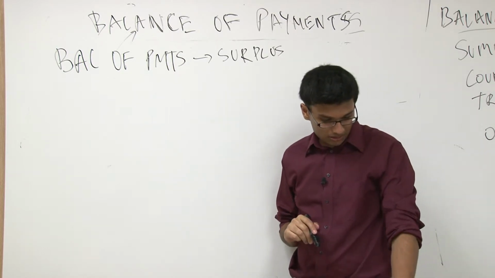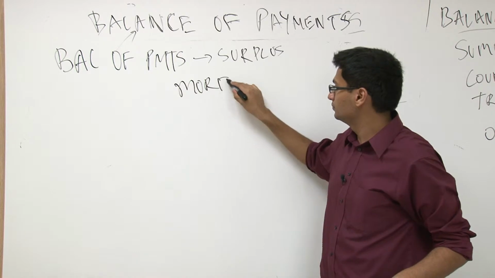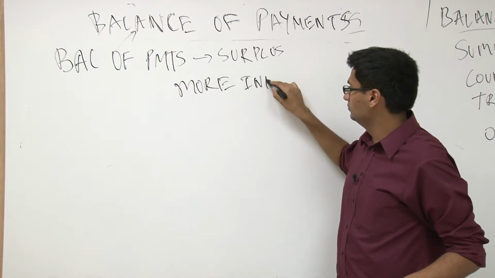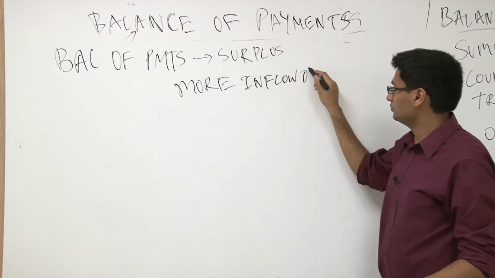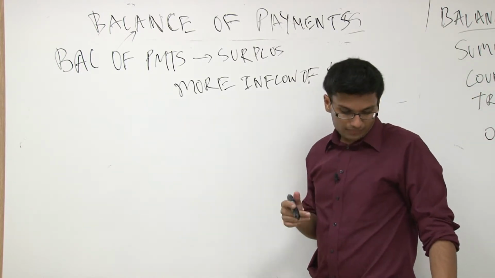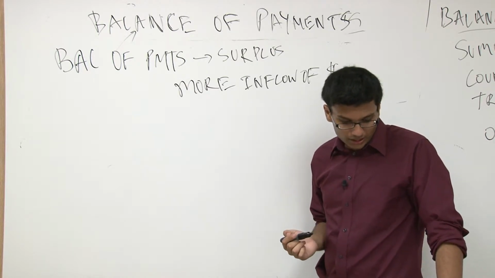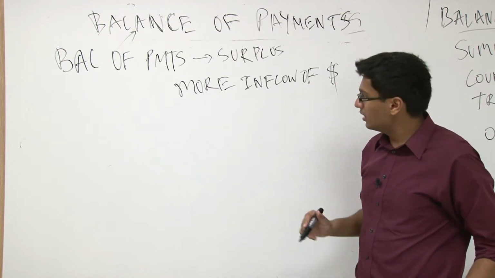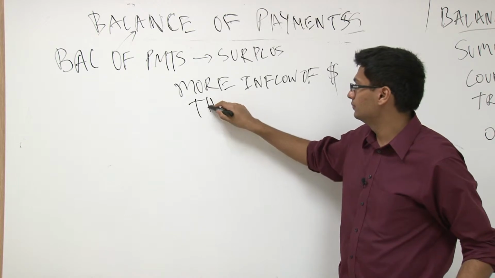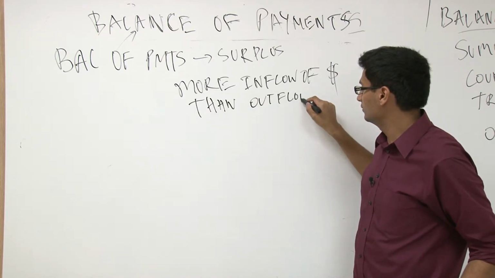It's a surplus if there's more inflow of money, right? Because you're looking at transactions all from a value perspective, okay? Than outflow. Okay.